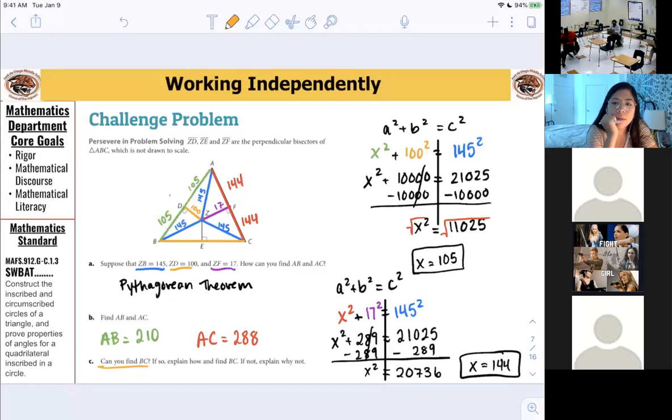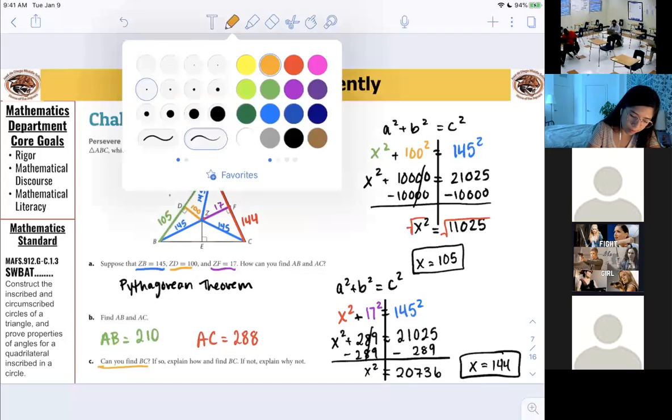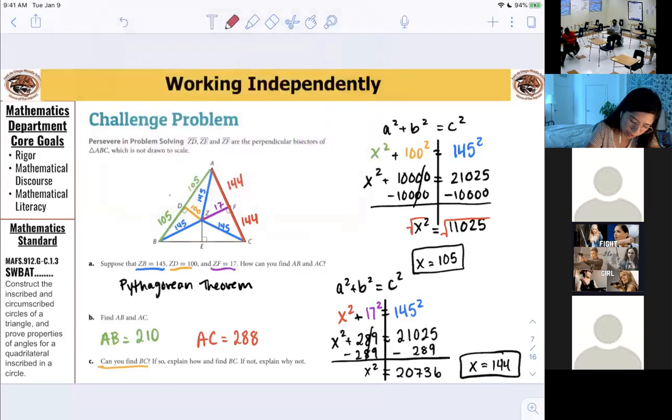Yes, Perla says you would have to know the measure of ZE. We would need to know the measure of ZE in order to use the Pythagorean theorem. So in this case, there's not enough information for us to figure out anything else in this whole triangle, because since we don't know ZE, we can't use the Pythagorean theorem.